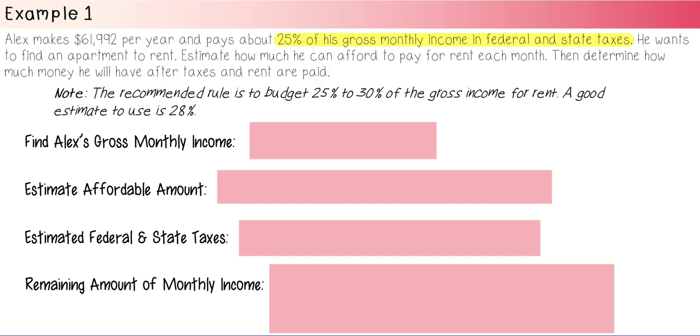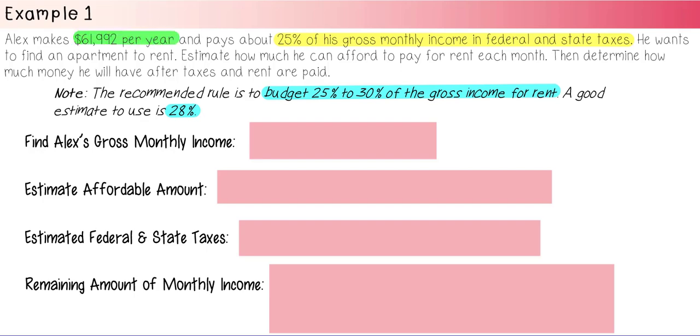So one thing to note is that the recommended rule is to budget 25 to 30% of the gross income for rent. So a good estimate uses 28%. The first thing we need to do is find Alex's gross monthly income. What they gave us is how much he made per year.